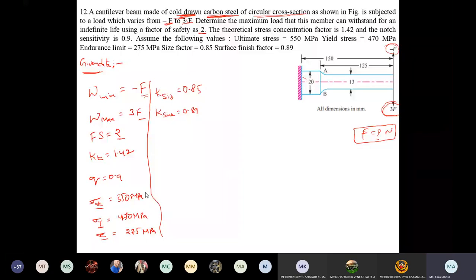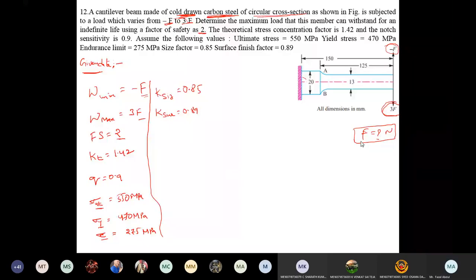Between these two, whichever is the maximum value, we need to select that, and you need to write that comment. For the comment also you have marks. If you forget to write the comment, you will lose the marks. Don't forget this.